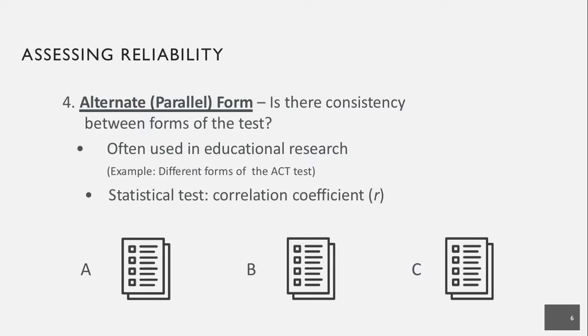Okay. Fourth kind, alternate form. Is there consistency between forms of the test? So I took the ACT 4 times, and I never got the same exact test in any of those times that I took the ACT. But all those tests were still the ACT test.